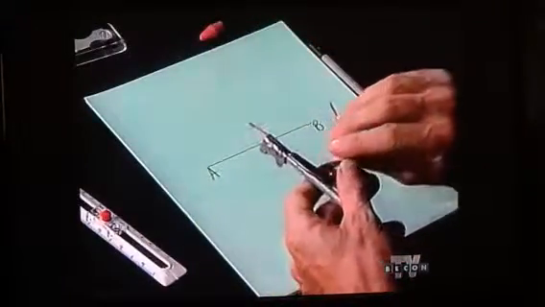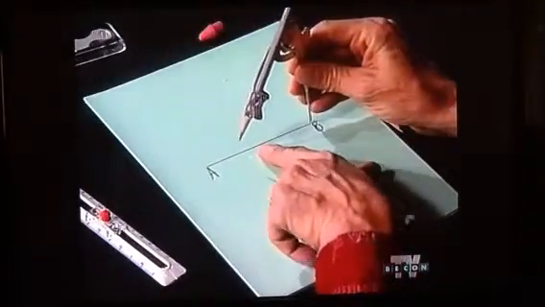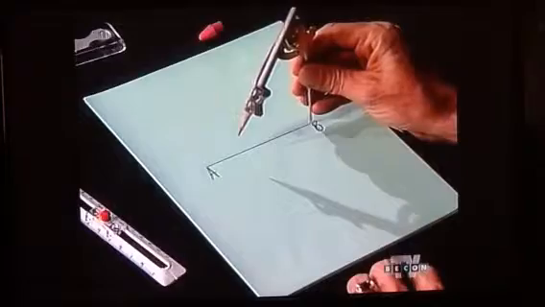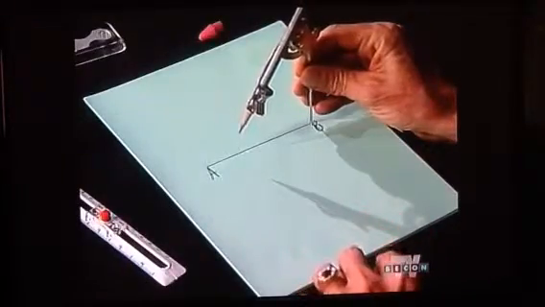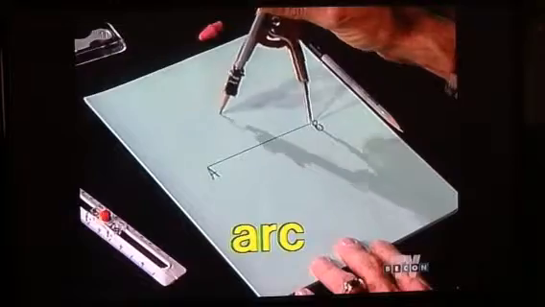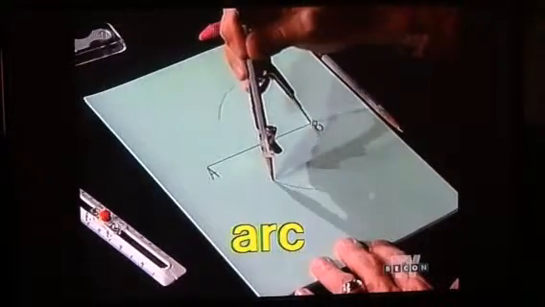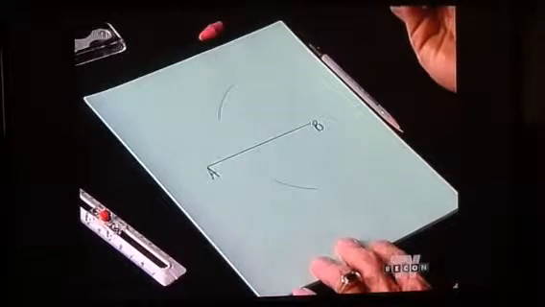Now, open your compass so that it's more than halfway across the length of segment AB. We place the sharp point of the compass at either end point, draw an arc above and below the segment. Now don't let your compass move.